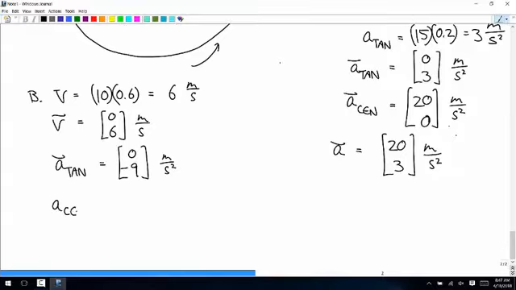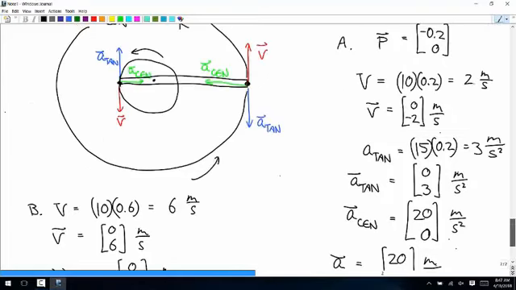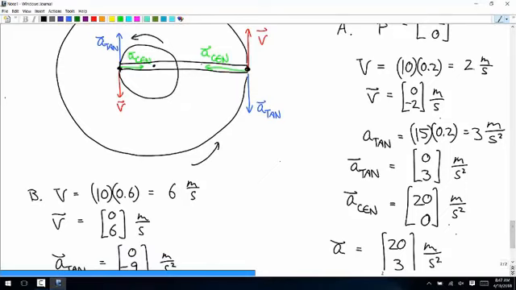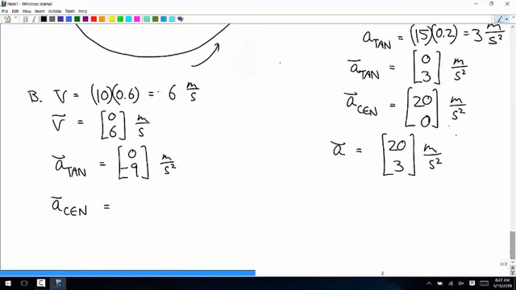And then the centripetal acceleration is in the negative x direction. The magnitude is v squared over r, so 36 over 0.6 is 60.